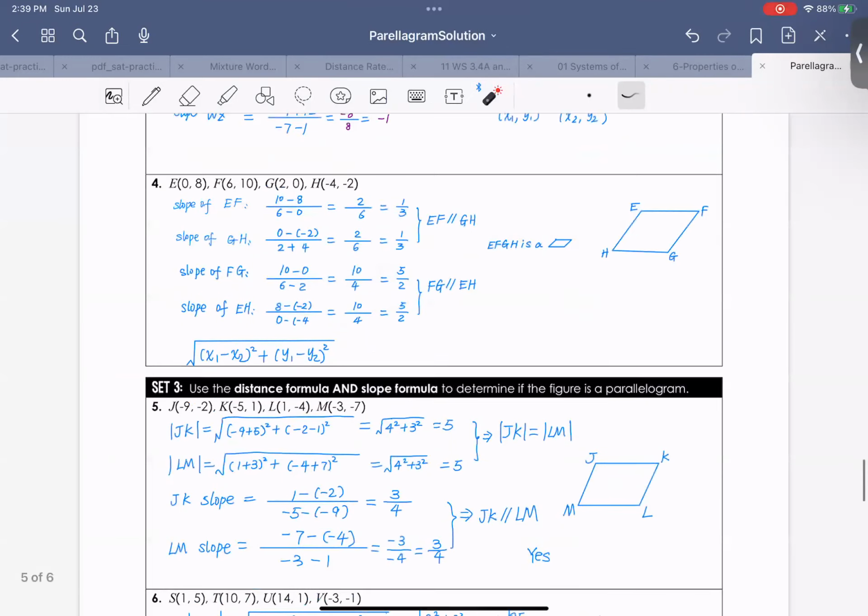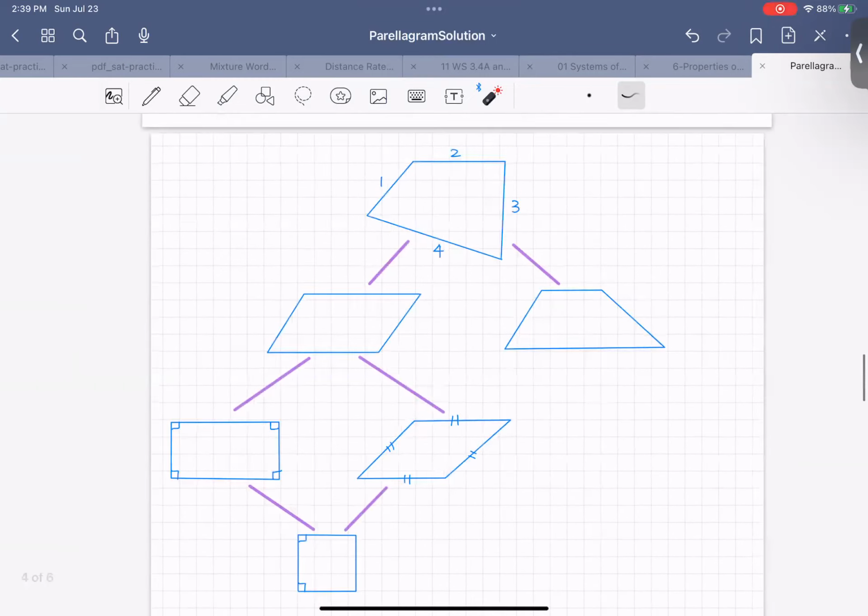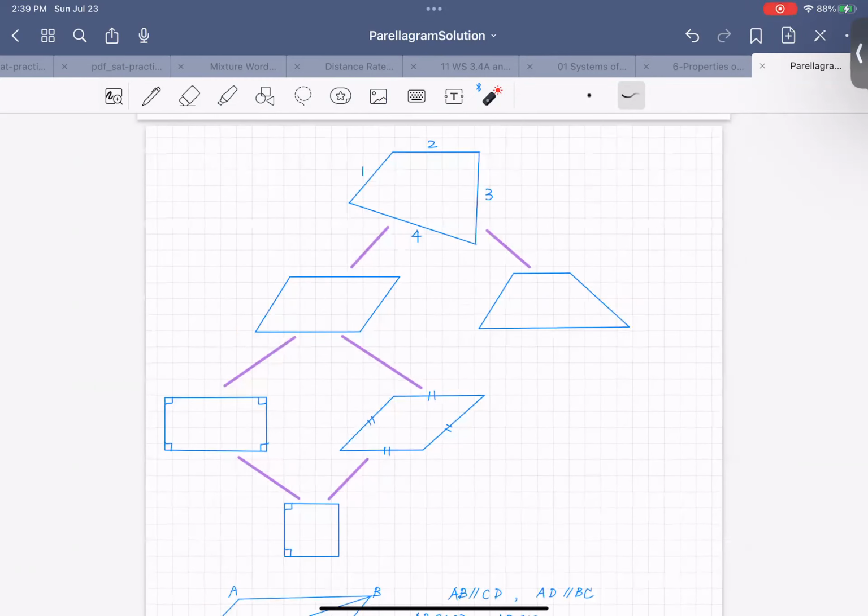Next, let's draw this on your notebook. You want to draw a quadrilateral first. A quadrilateral means you don't know if the two opposite sides are congruent or not, or if they are parallel or not.